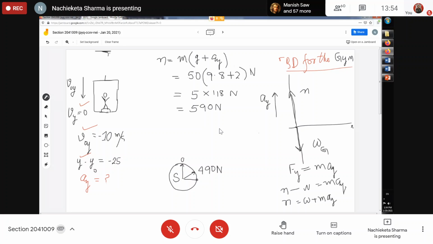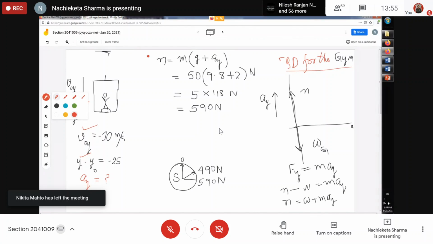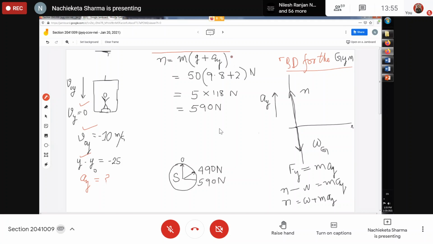So her new reading will become 590 Newton. This is a very important equation, N is equal to mg plus a_y, because from this equation we will be getting all these kinds of conclusions.